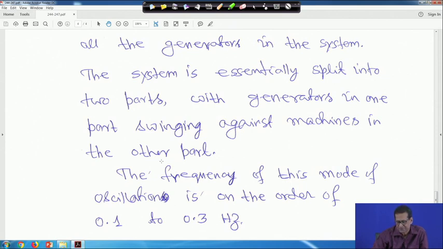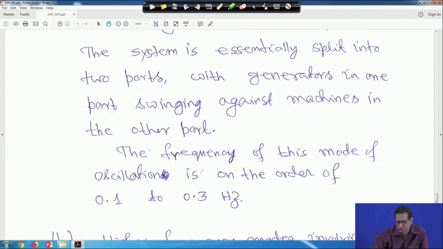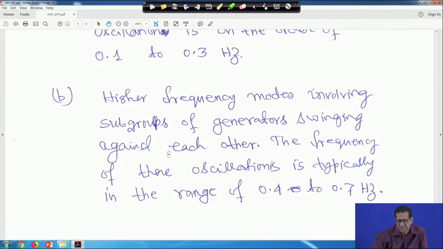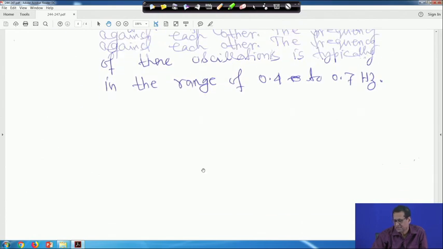The frequency of this mode of oscillation is on the order of 0.1 to 0.3 Hz, right. Second one is higher frequency modes involving subgroups of generators swinging against each other. The frequency of these oscillations is typically in the range of 0.4 to 0.7 Hz, right.